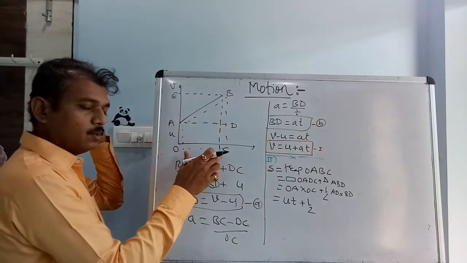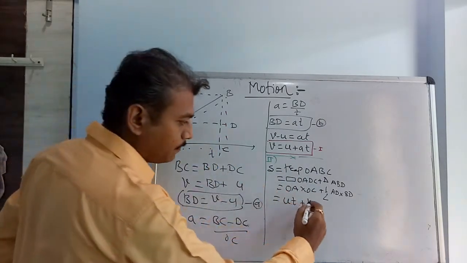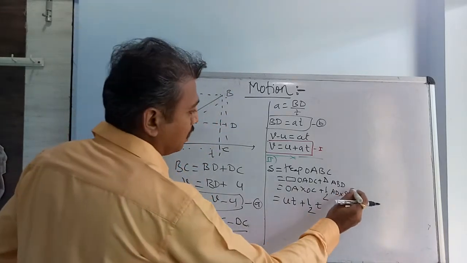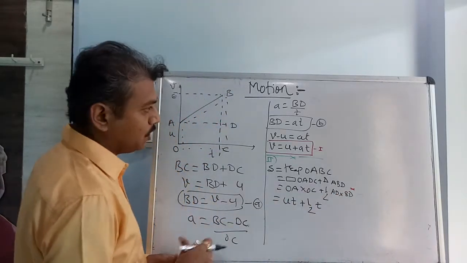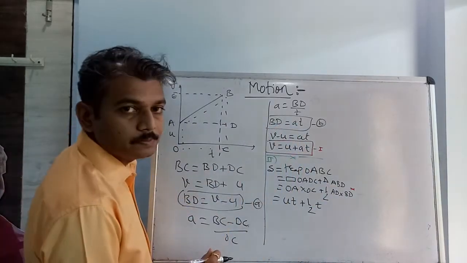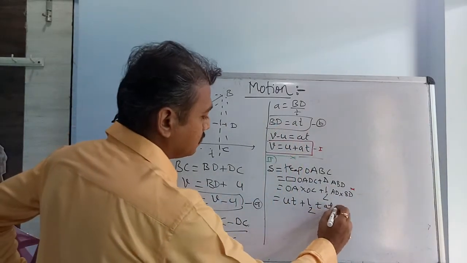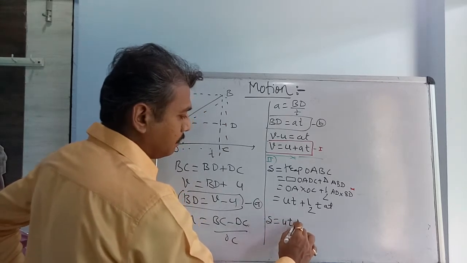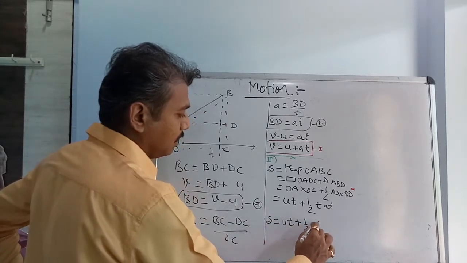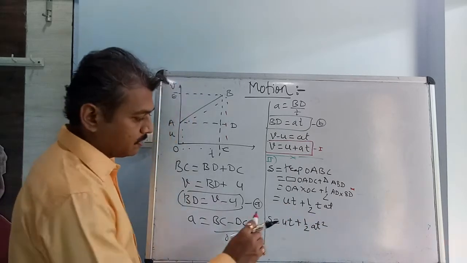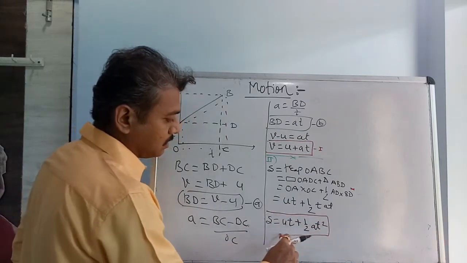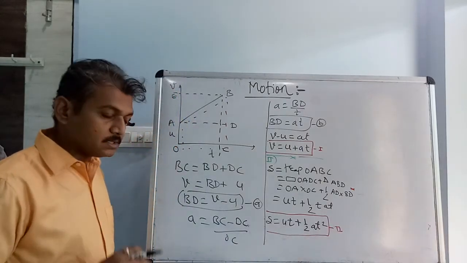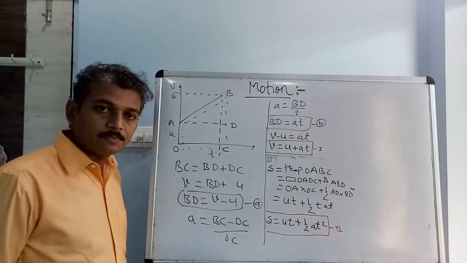AD is parallel to OC, that means T. And this is important: the value of BD you have to take from the B equation, that is AT. So you get the equation S is equal to UT plus half AT square. This is the second equation of motion, called the position time relation.